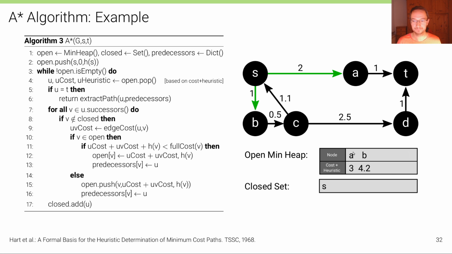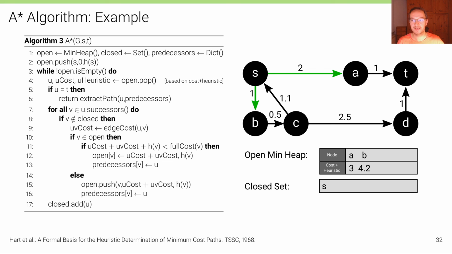Now we're going to pop that node S from the open min heap, and we see that B and A are successors, so we're going to add node A and node B to the open min heap.